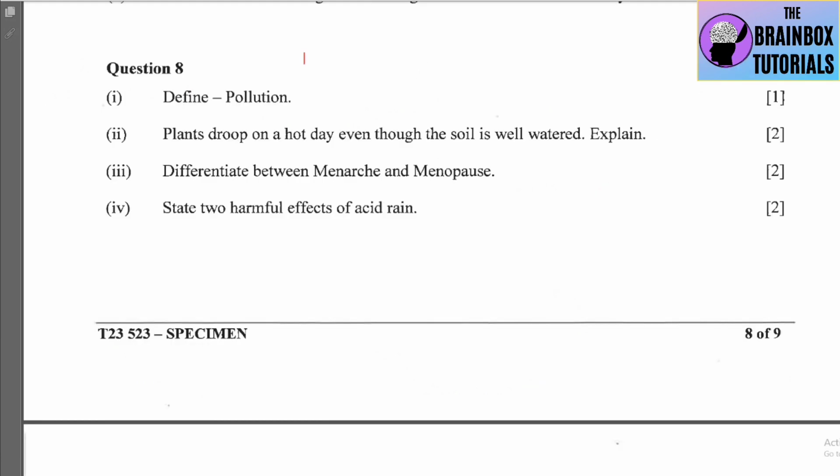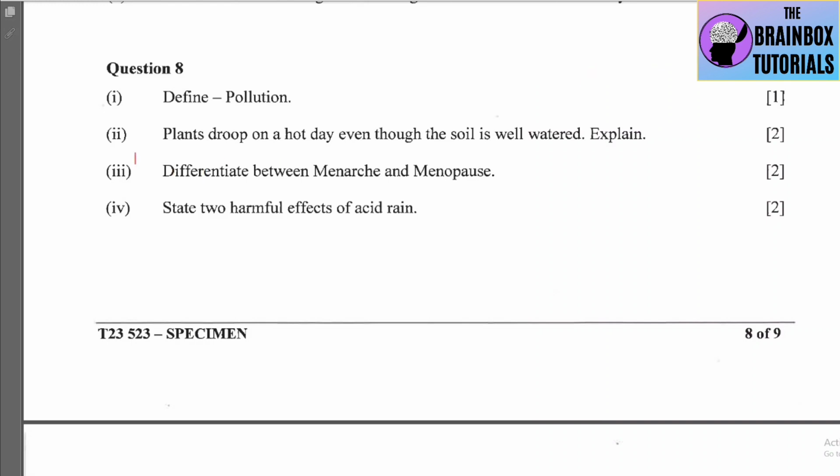Now question number 8, part 1 is define pollution. So you will write that pollution is the addition of any such constituent to air, water or land which deteriorates the natural quality of the environment.